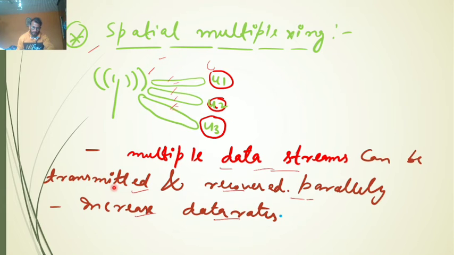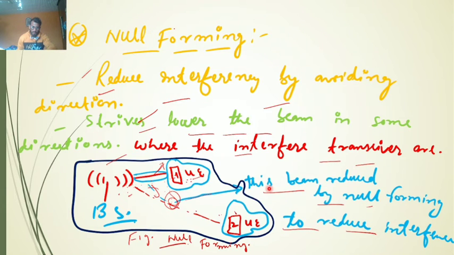Next one is null beamforming. So what is null beamforming? Basically, null beamforming is a technique to reduce interference. First we will discuss from this figure. In this figure, this is the base station, and these are the two users, UE1 and UE2.